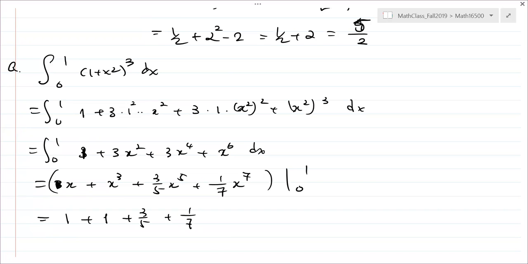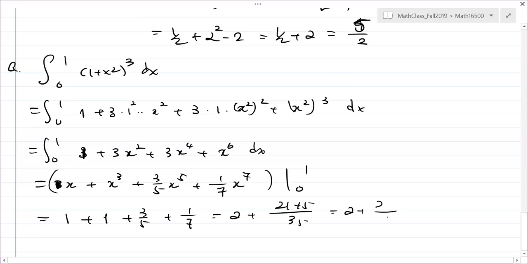Yeah, you get a fraction. So it's going to be 2 plus, and here the common denominator is 35: 21 plus 5, which is 2 plus 26 over 35. 35 multiplied by 2 is 70, 70 plus 26 is 96. So this is a fraction.